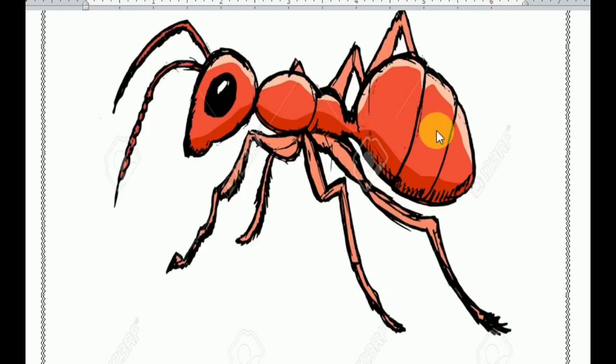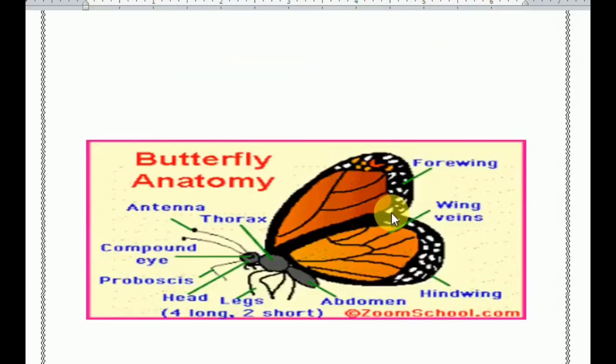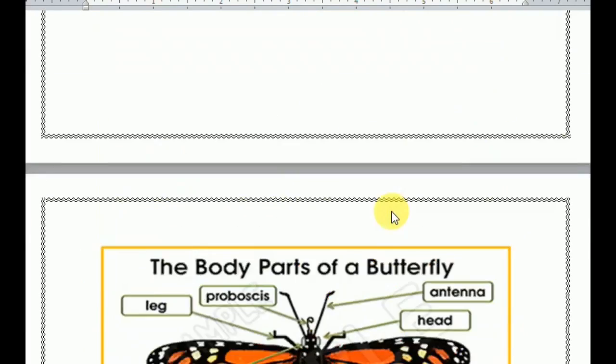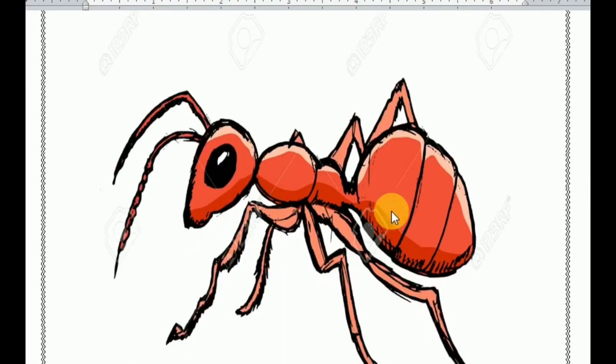We can see color is also different, different size we can see, but many similarities also we can see. See, butterfly, then dragonfly. The shape of these insects is different and wings also different, is it not?